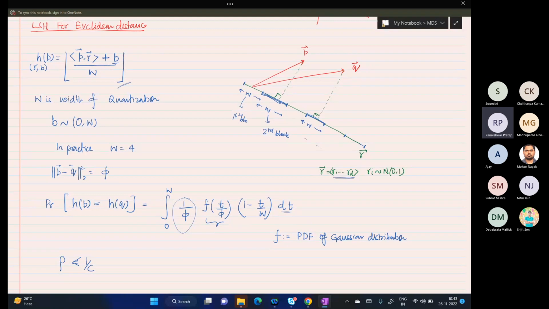I hope this is clear, but the exact calculation of probability comes from this expression. Okay, so I think we can take a break here now.